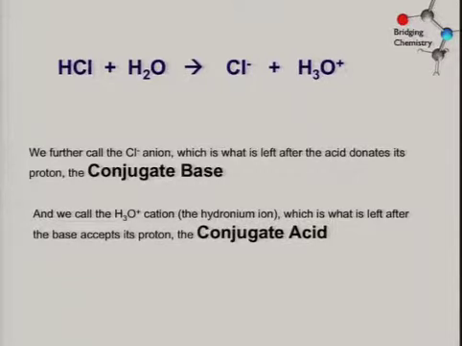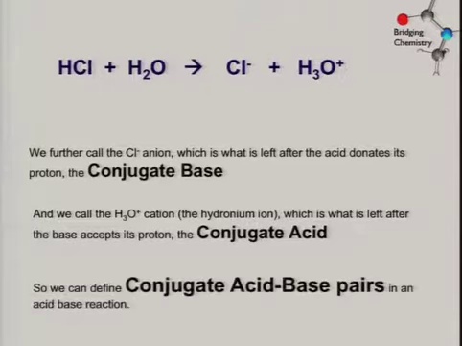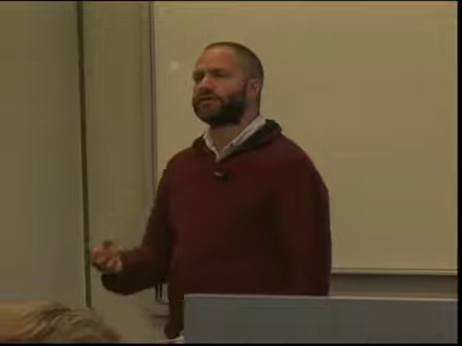And so for any acid-base reaction that we might write down, we can define what we call conjugate acid-base pairs. These are two molecules which are related to each other in that their formulas only differ by an H+ ion.